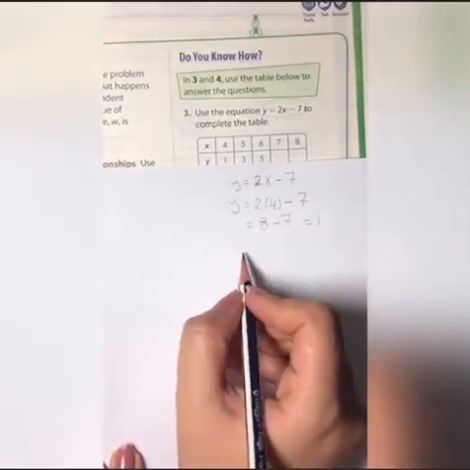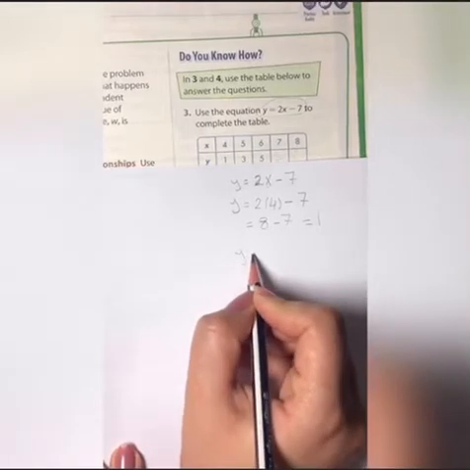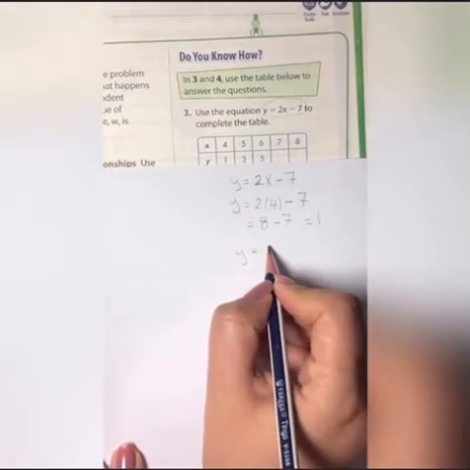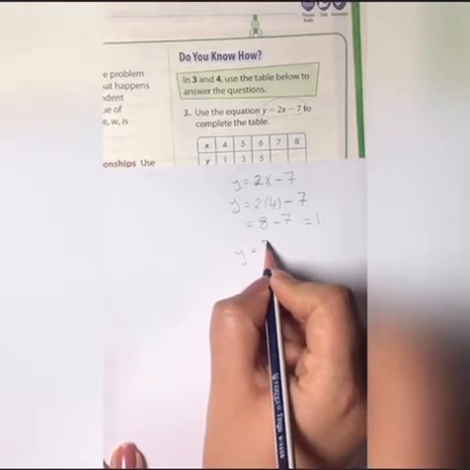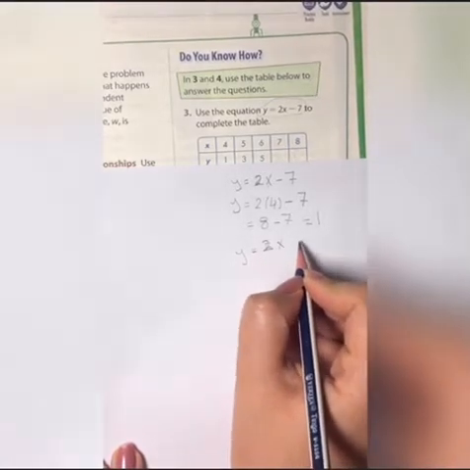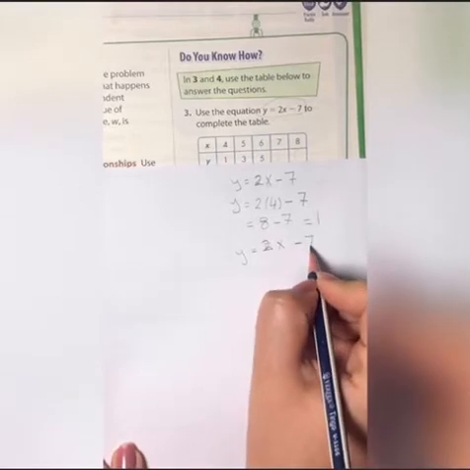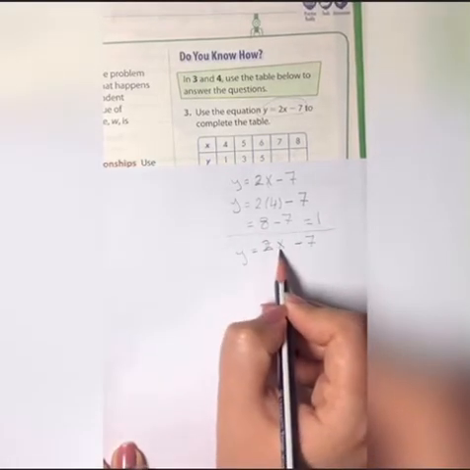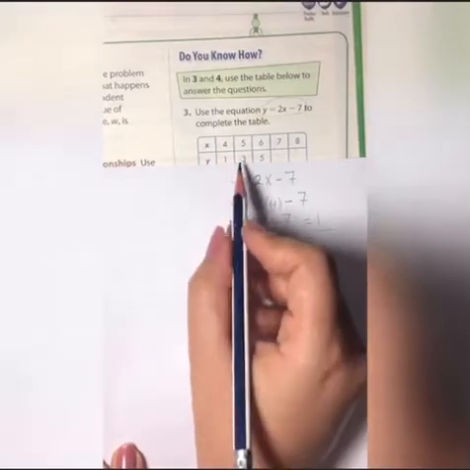If we write 5 in place of x, we have 2x minus 7. In place of x we will write 5.